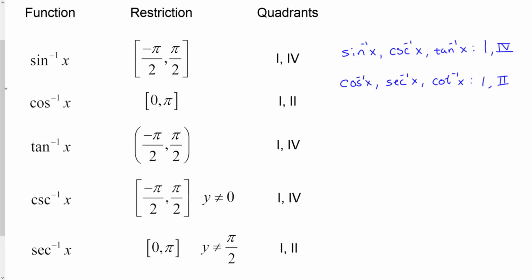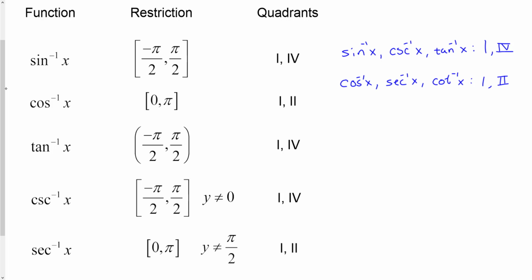Now, with secant and cosecant, there are additional restrictions. For cosecant, the y value can't be equal to 0. For secant, the y value can't be equal to pi over 2. But essentially, it's still the same sort of quadrants that we're looking at with sine and cosine.